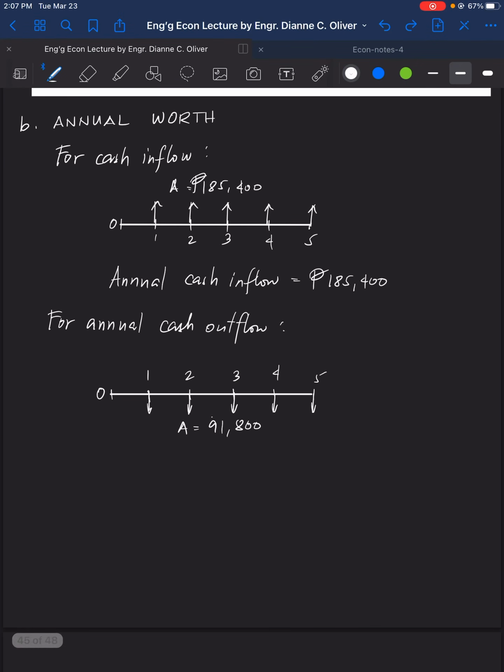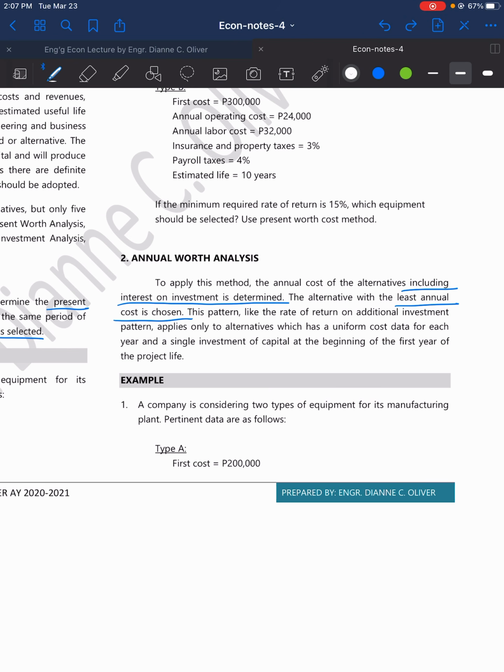Now what's next is that from note 4, including interest on investment is determined.